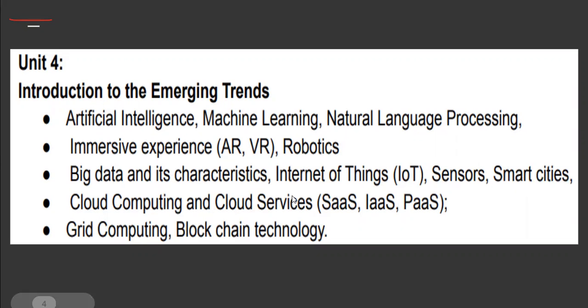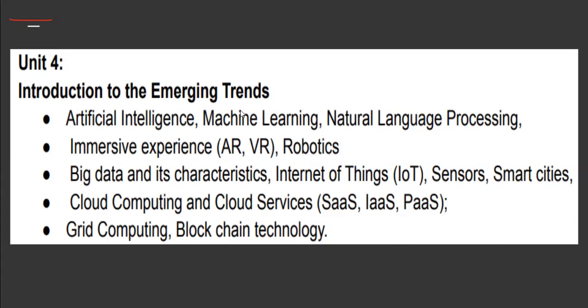Then what is cloud computing and cloud services? Under that, what are the three different services we have? SaaS, IaaS, PaaS: software as a service, infrastructure as a service, platform as a service. All these different services you will study there. Then what is grid computing? Then blockchain technology. So this is the emerging trends chapter.